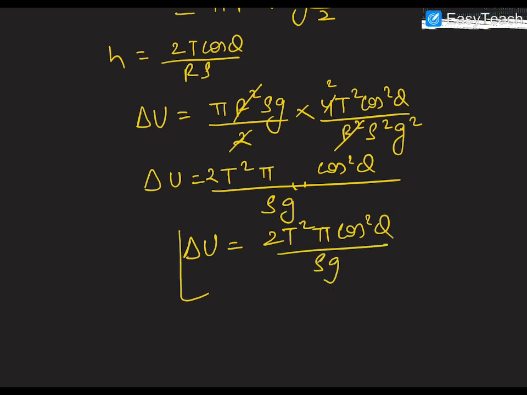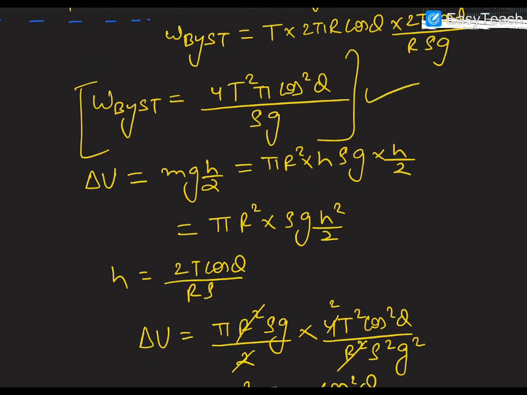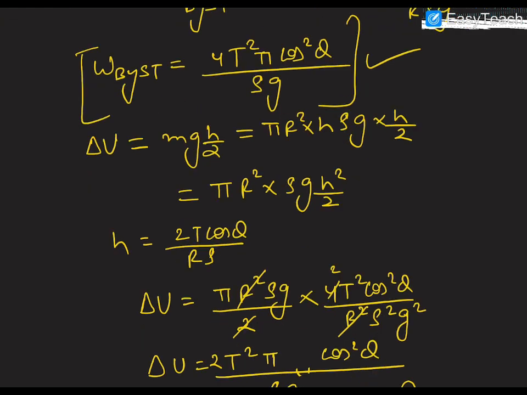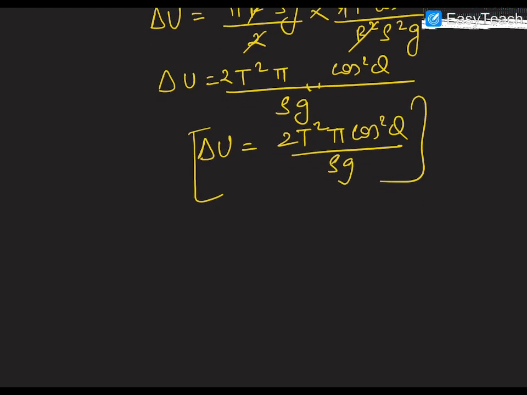We have already derived the work done by surface tension, which was 4T square pi cos square theta by rho g, and this is 2T square pi cos square theta by rho g. Now we can say that the work done by surface tension in lifting up the water is utilized into two forms.